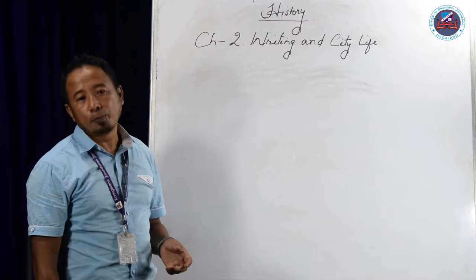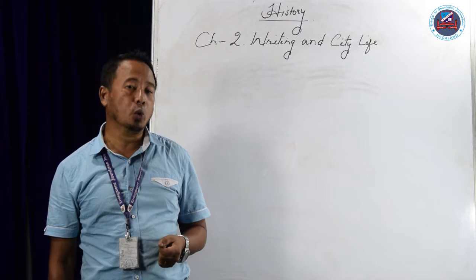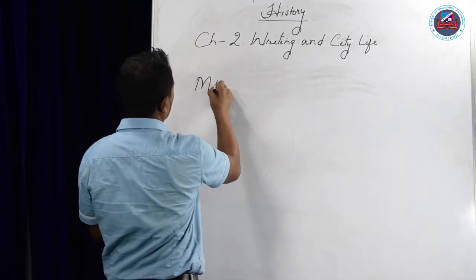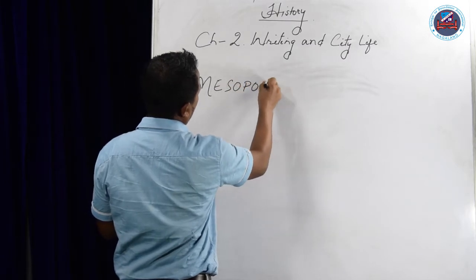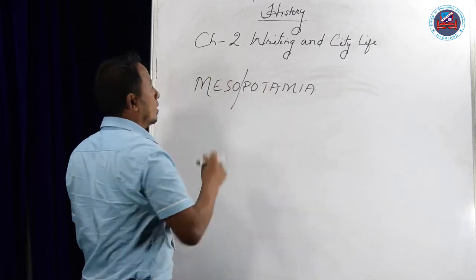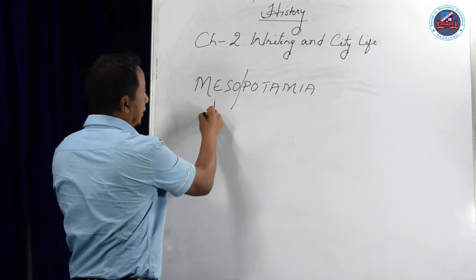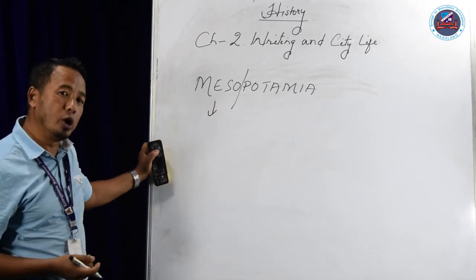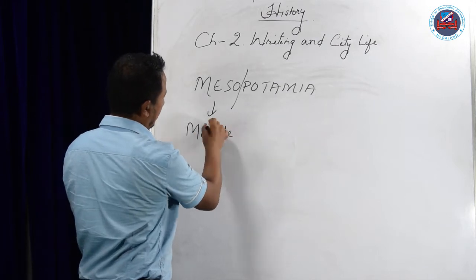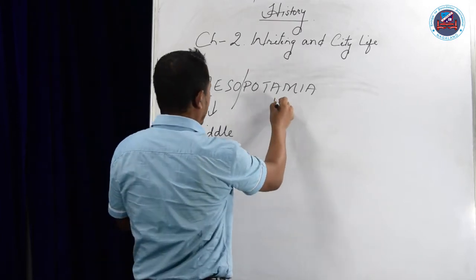The word Mesopotamia had been derived from Greek words. The word meso is derived from the Greek word meaning middle, and potamia meaning river.